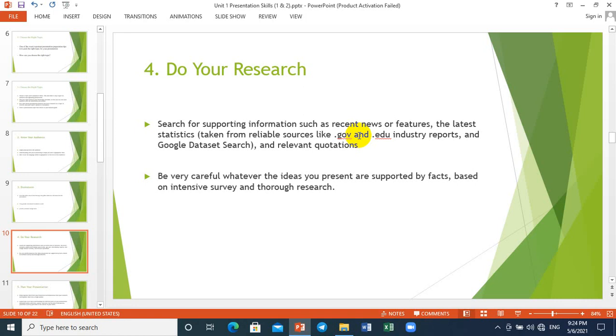That's why the audience really wants to get this kind of information. So in order to get this kind of information from you, they have to pay attention to your presentation. So your presentation becomes very interesting.